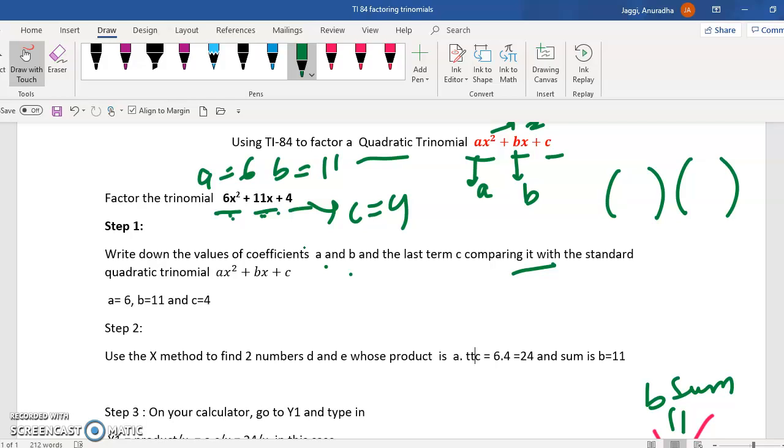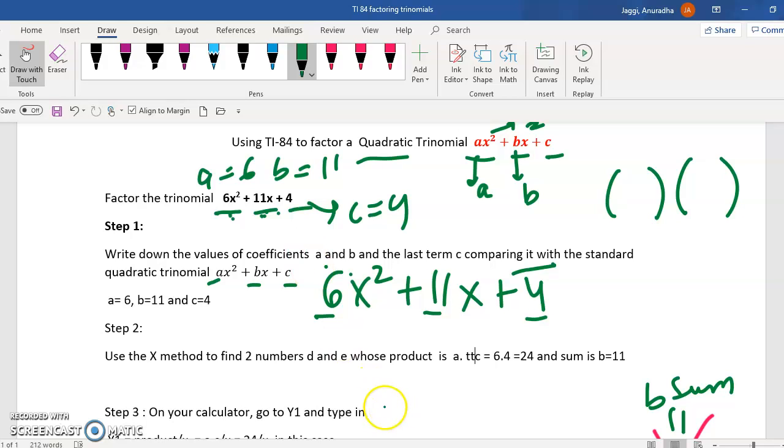If you compare 6x squared plus 11x plus 4 with the standard trinomial, you will see a is 6, b is 11, and c is 4. So you write that down.